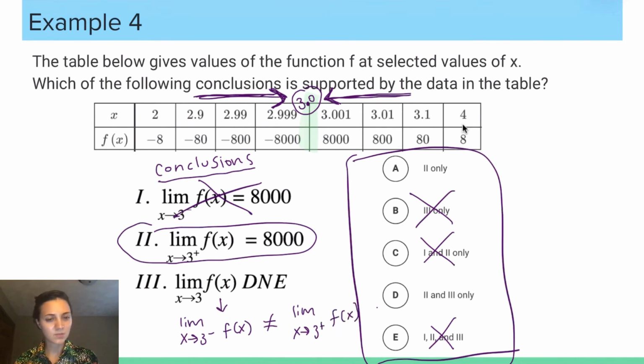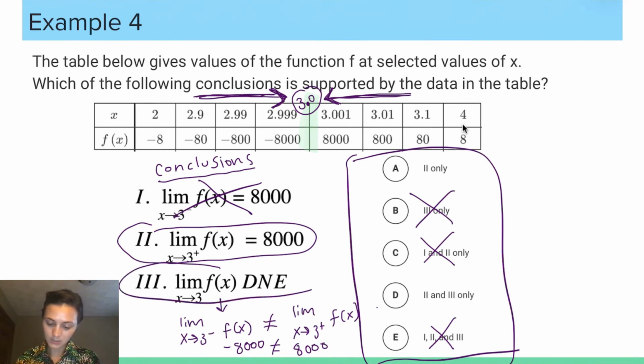So are the limits from the left and the right not equal? They're not. From the left, the limit looks like it's negative 8,000, and from the right, the limit is positive 8,000. So they aren't equal. Negative 8,000 is not equal to positive 8,000. So this is true as well. So our answer is D.